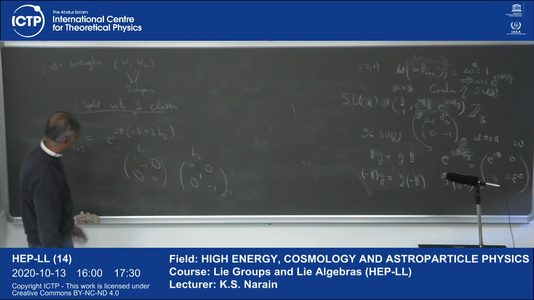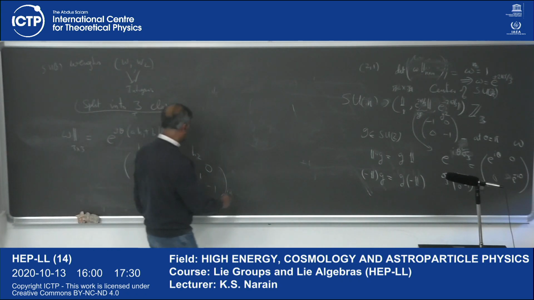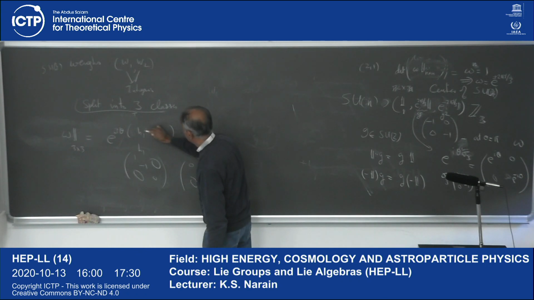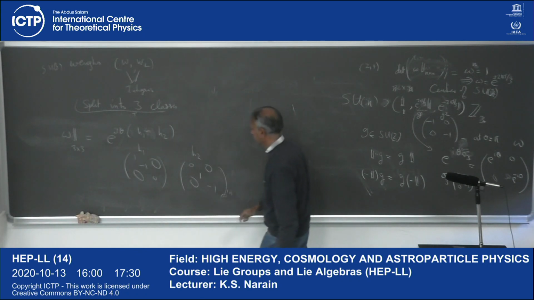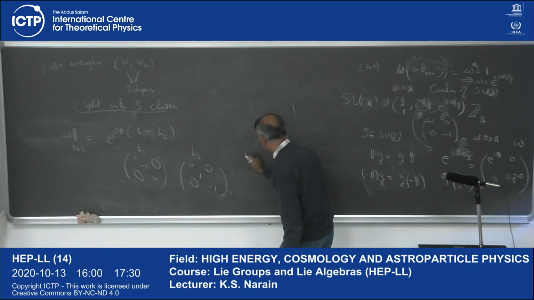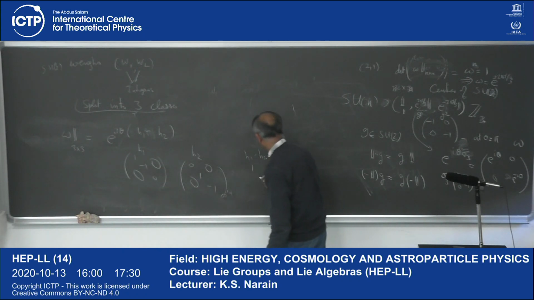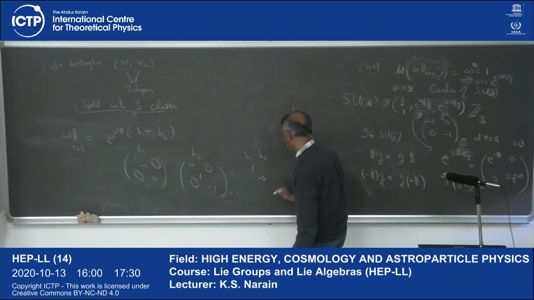There are many ways of doing it, but one way is, for example, to take this combination H1 minus H2. So what is H1 minus H2? It is diag(1, minus 2, 1).